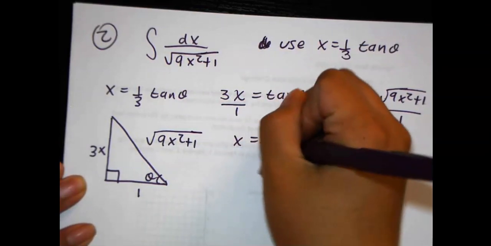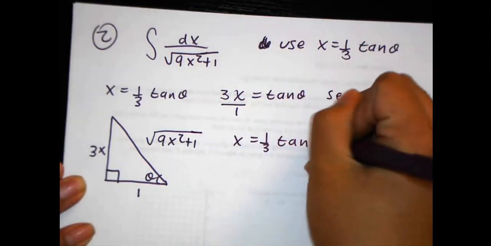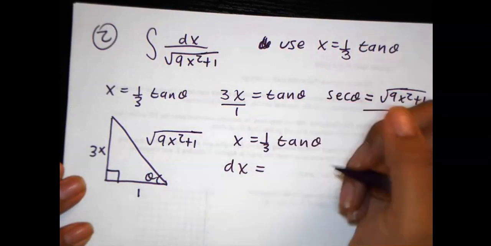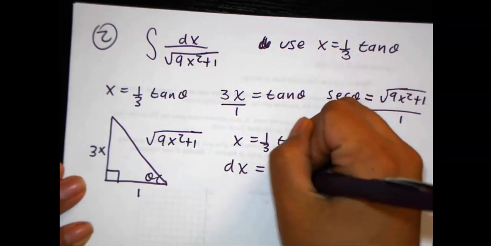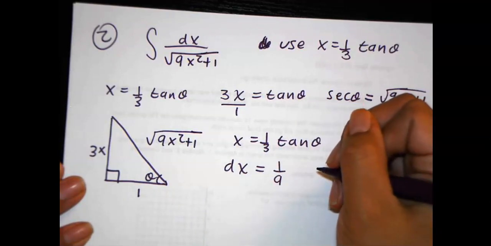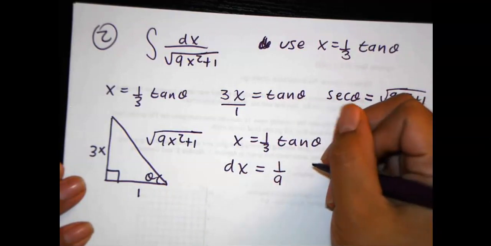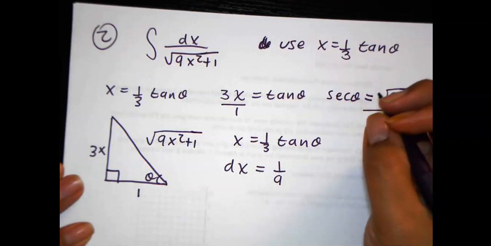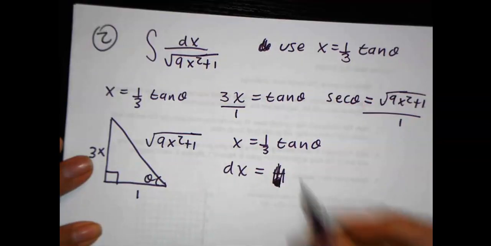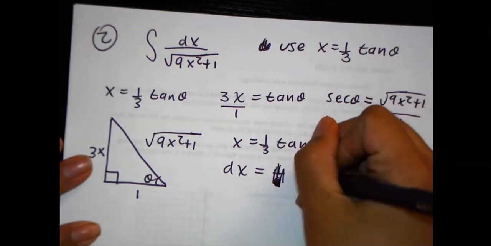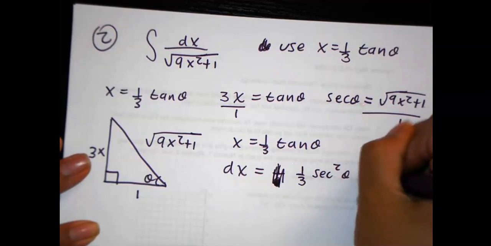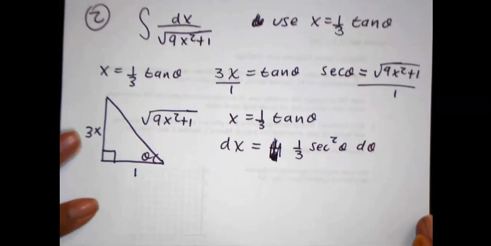If x is 1/3 tangent of theta, the derivative of this will be 1/3. The derivative of tangent is secant squared, so dx is 1/3 secant squared of theta, d theta. Okay, so let's substitute that.